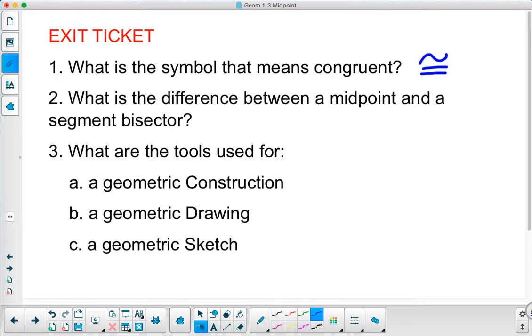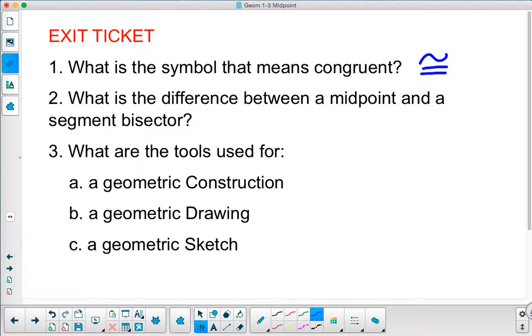The difference between a midpoint and a segment bisector is that a midpoint is just a point and a segment bisector is a line, a ray, or a segment. It didn't ask how they're similar, but they are similar because they both cut a segment in half.